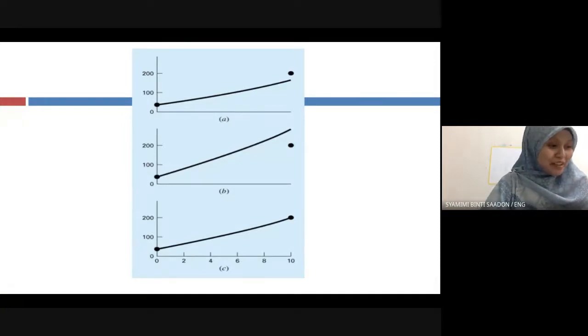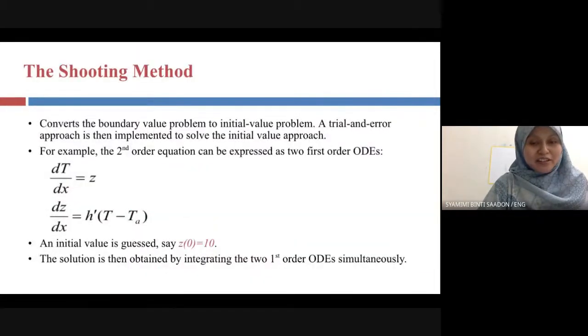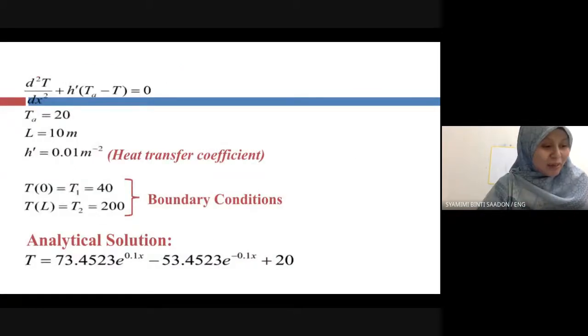Okay, now I'm going to show one example, more like the example just now.